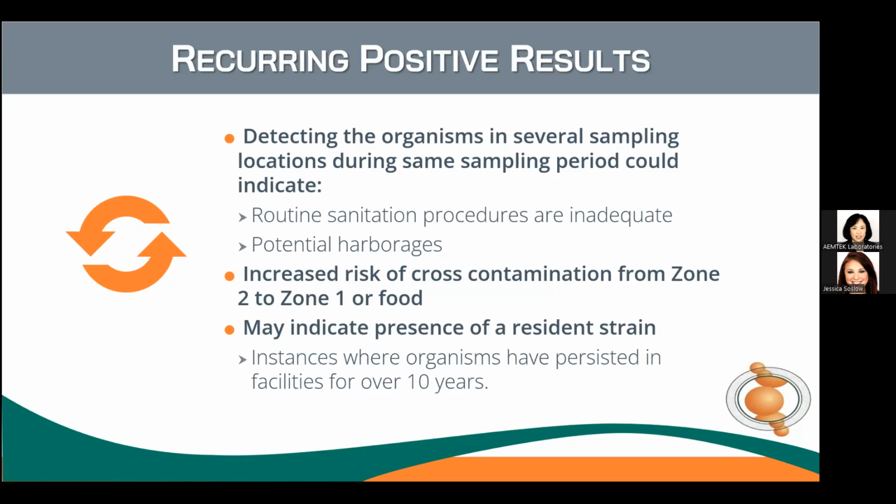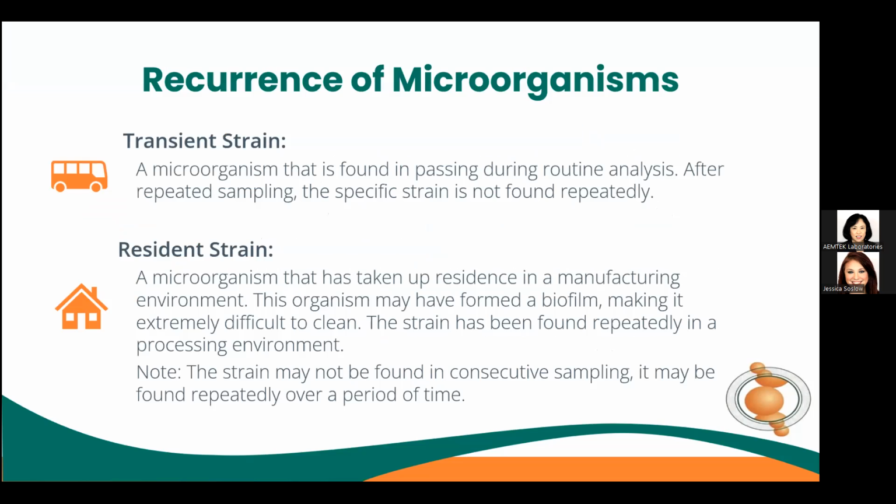In some cases, the records are 10 years or more. And the industry has been using the terms transient strain versus resident strain. Basically, a transient strain is a microorganism that is found in passing through a routine analysis, and then after repeated sampling, the specific strain is not found.